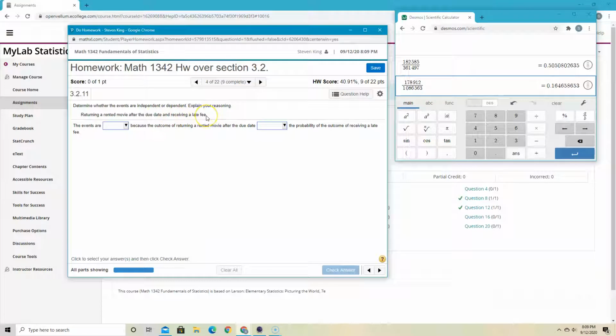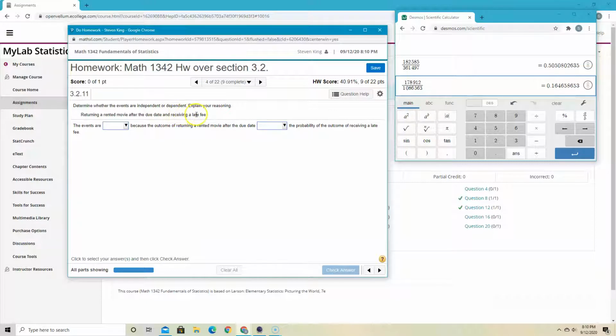Or you can say this is influenced by this. You can say this would impact this. This would have an impact, an influence on this.